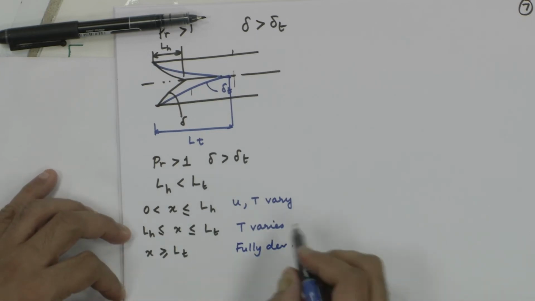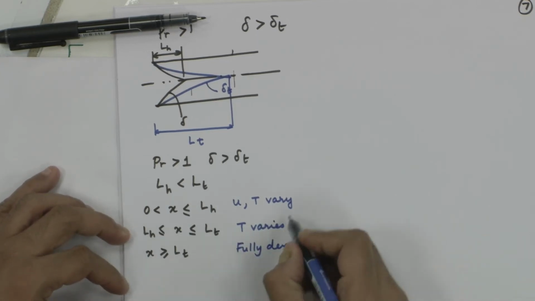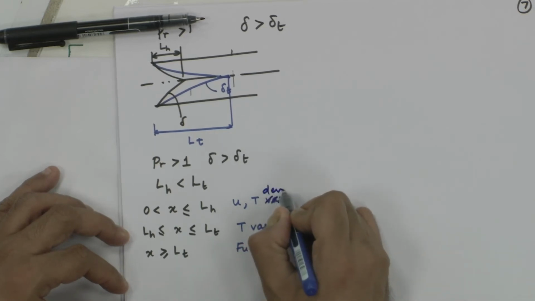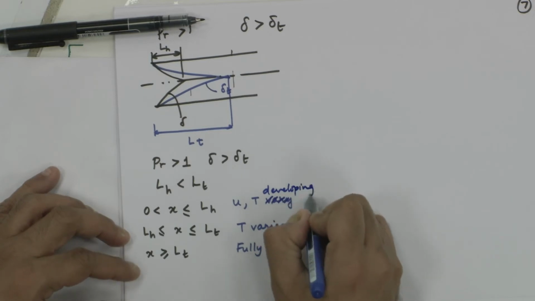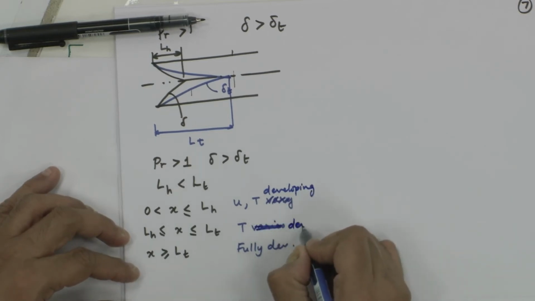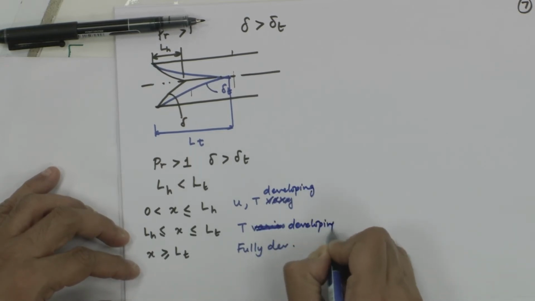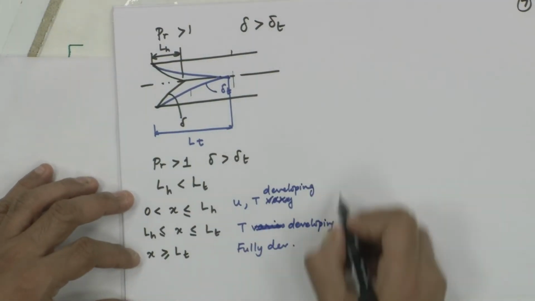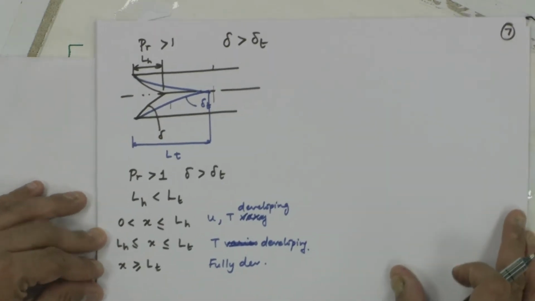Okay. So, here U and T developing. Here T is developing, U has become fully developed. This will result in different simplification of the energy equation.